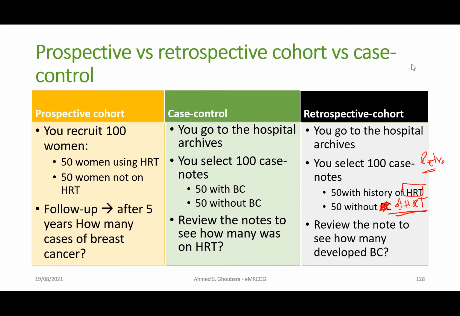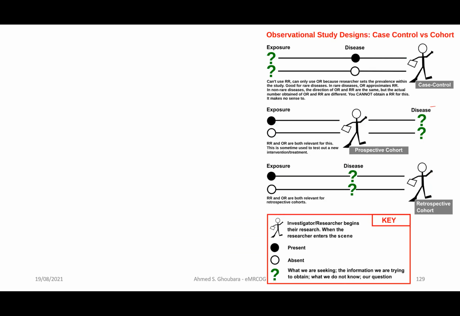So this picture, the one without time between exposure and outcome, is the cross-sectional study. This picture is very important. So back to my laser pointer. Exposure, disease.